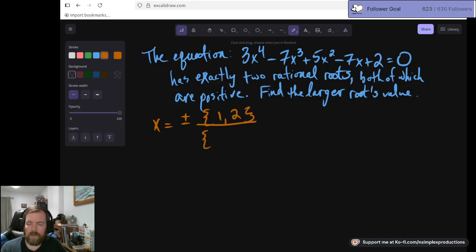The denominator is going to be represented by our lead coefficient, which is 3, which has values 1 and 3 as its factors. And then we can do this as plus or minus. However, we said exactly two rational roots, both of which are positive. Therefore, we don't need the negative 1 at all here.